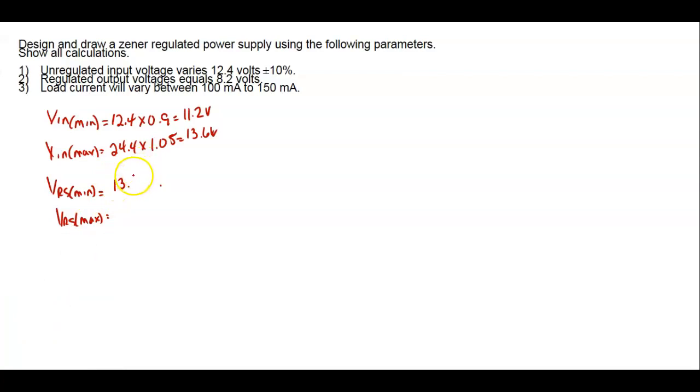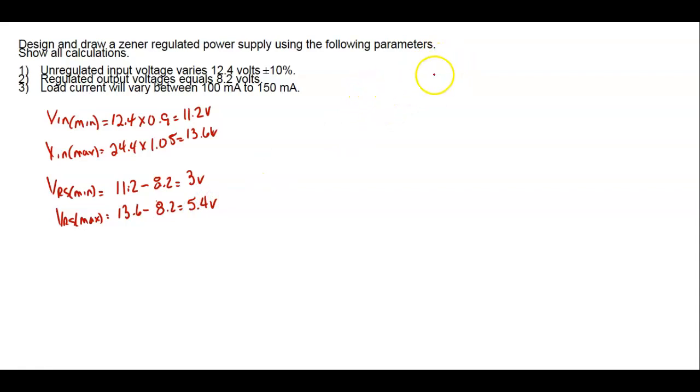The minimum voltage, Rick, would be 11.2 minus 8.2. What does that give us? And then my maximum voltage would be 13.6 minus 8.2. What would that give us?